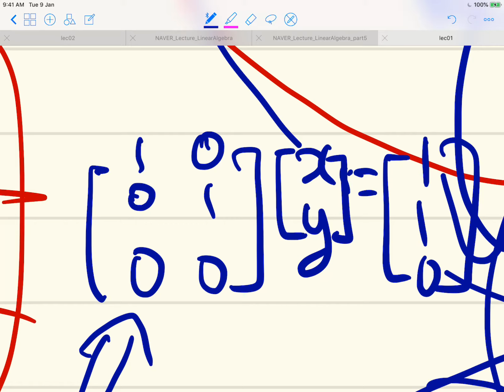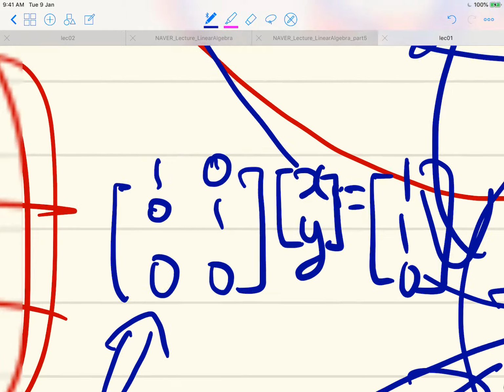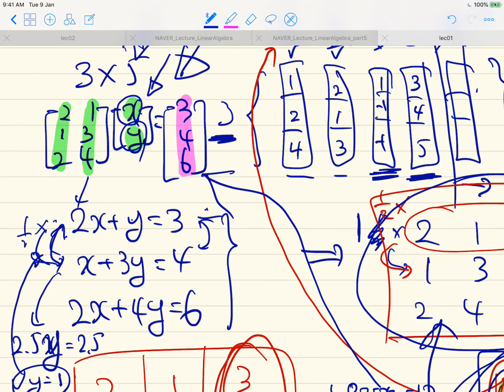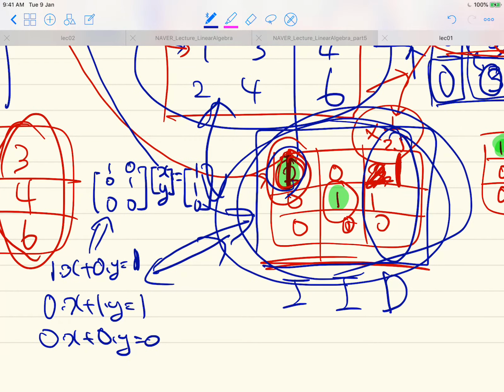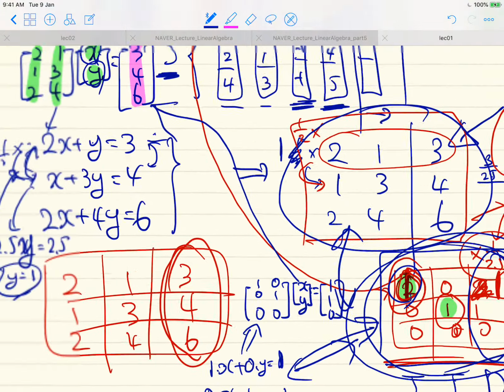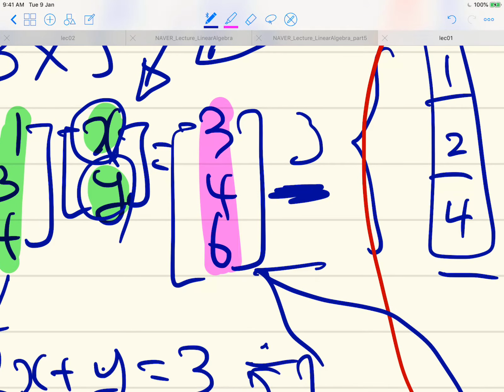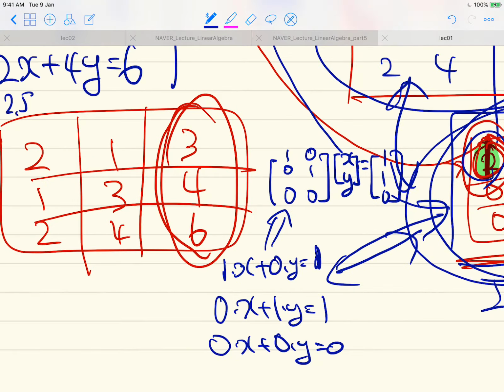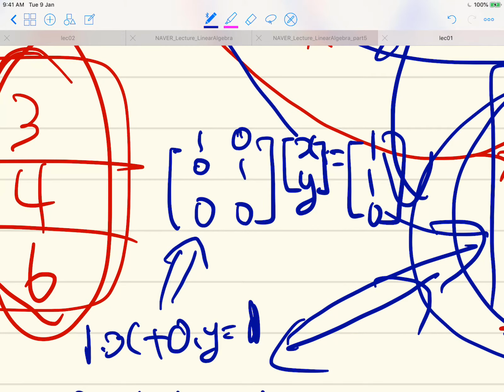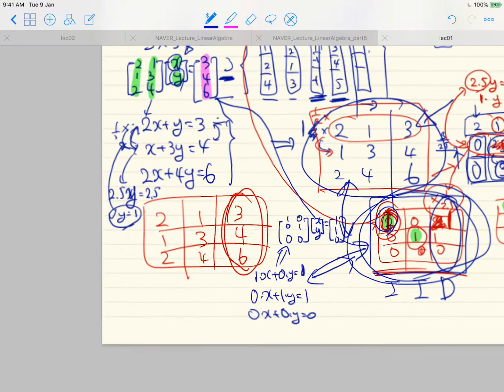Those two columns are certainly different from 2, 1, 2 and 1, 3, 4, and the B part, 1, 1, 0, is also different from 3, 4, 6. So we are dealing with a completely different set of vectors, but still the solutions are guaranteed to be the same. The linear combination that makes this equation hold true will also make that equation hold true, so the coefficients should be the same.